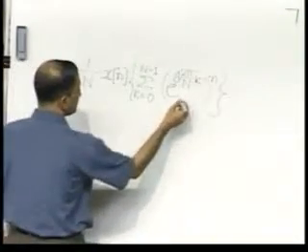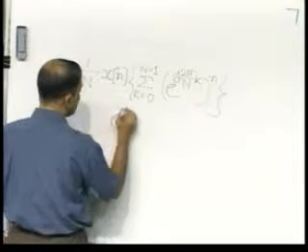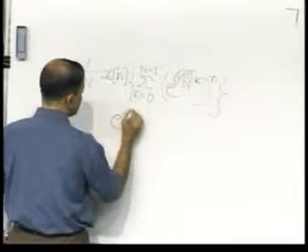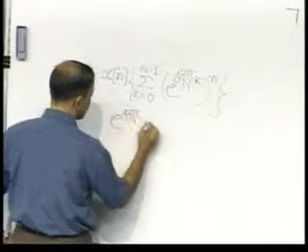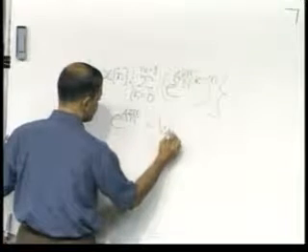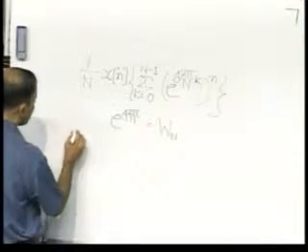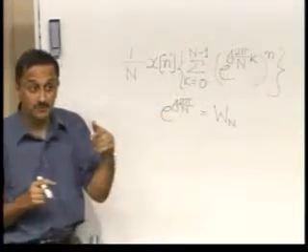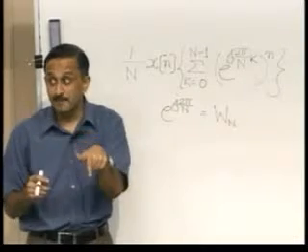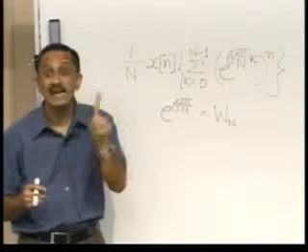Now, I shall use the following notation: e raised to the power j 2 pi by n, I shall call this Wn. Now, how will we get the Z transform of a sequence decimated by n? We will write down the Z transform of this, and then we shall replace Z by Z raised to the power 1 by n.